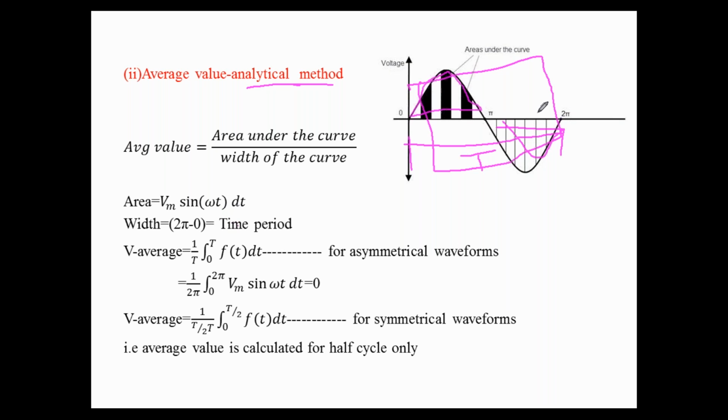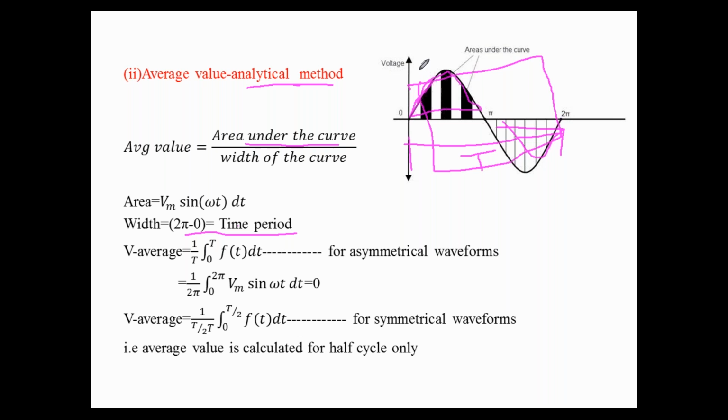The width of this curve is going to change from 0 to 2 pi. That's what we are going to call a time period. So the average value is equal to the area under the curve, where Vm sin omega t is the area of this small portion of the curve.